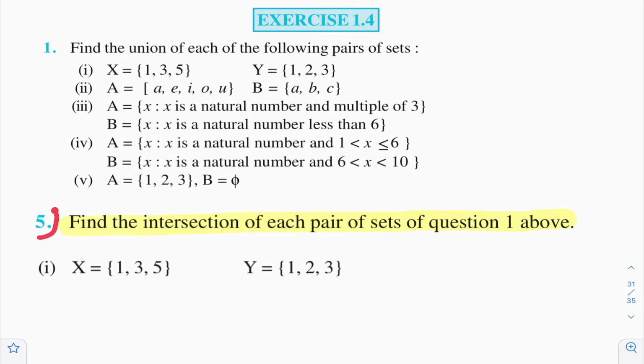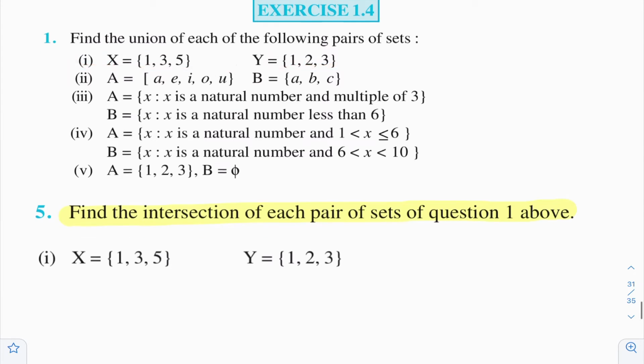Actually, in the fifth question they have given: find the intersection of each pair of sets of question number 1 above. So what I'll do here is try the first question and the fifth question at a time. That means for this first bit, I'll calculate X union Y as well as X intersection Y.